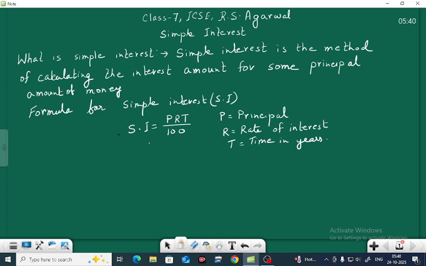And after simple interest is included, in order to calculate the total amount, the following formula is used.